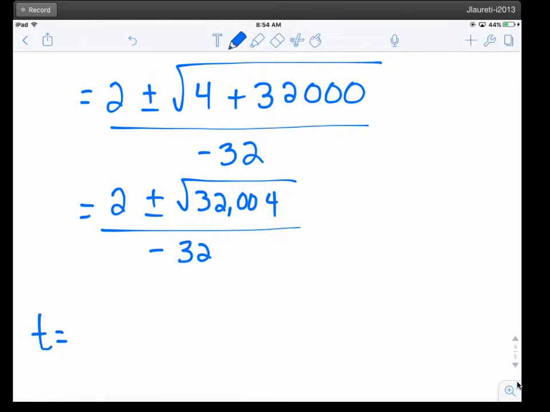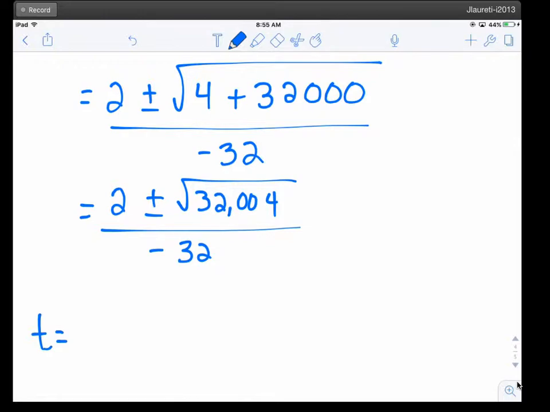If I take the square root of this, that's going to give me a positive. So I have 2 plus a positive number divided by a negative number. It's going to be negative. So you don't have to worry about the plus, because time can't be negative. Just do 2 minus the square root of this, because that will give you a negative number divided by another negative number, which will give you a positive. So that would be the time.